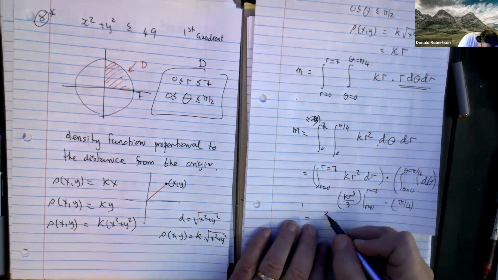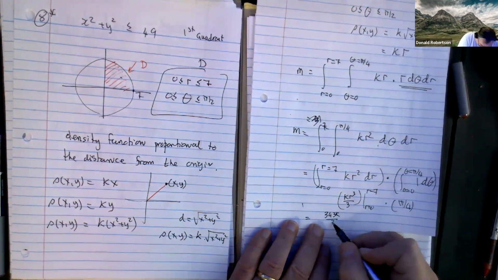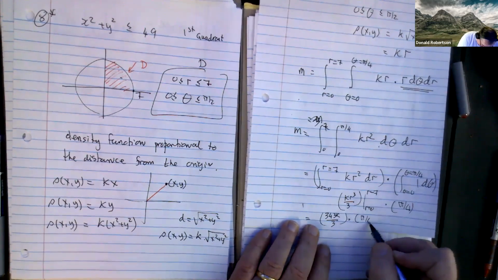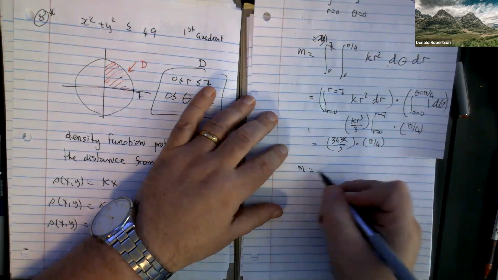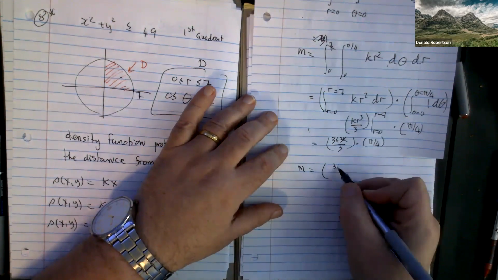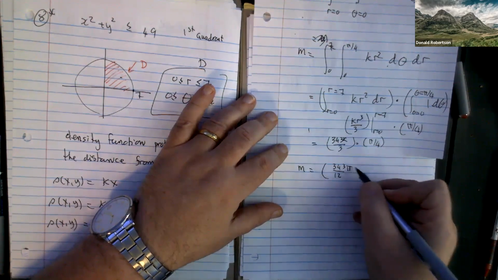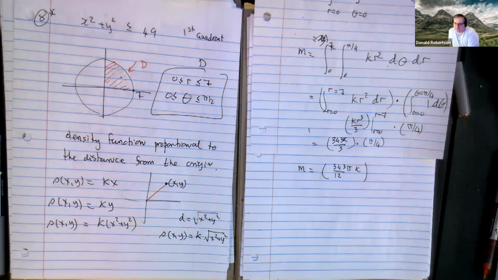So 343k over 3, take away nothing, times pi over 4. And so the mass would be 343 twelfths with a pi and a k. Just ugly, right?